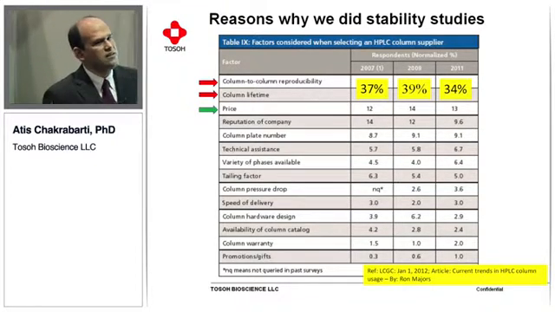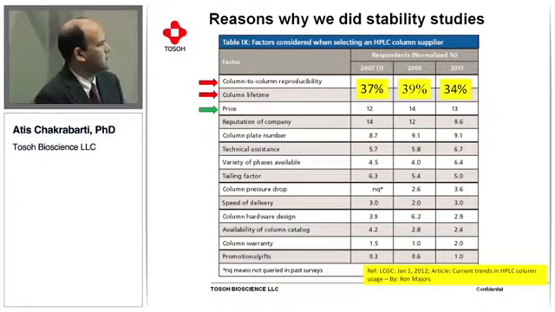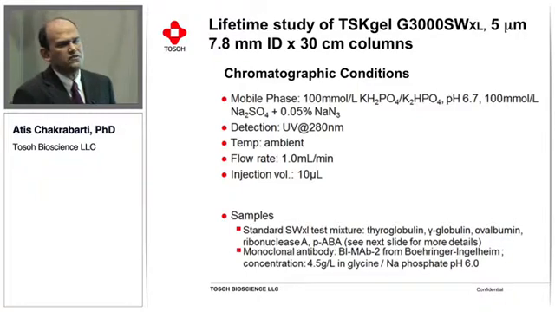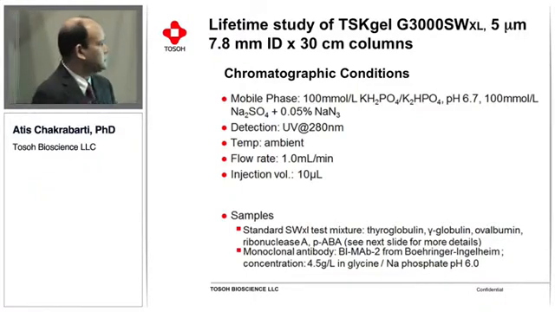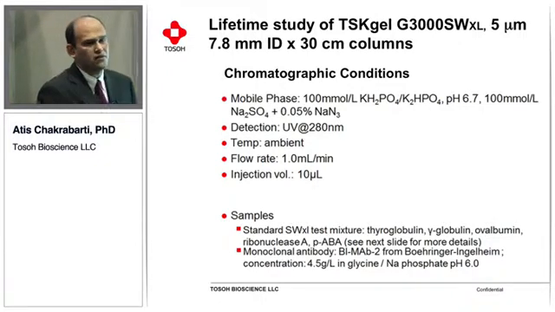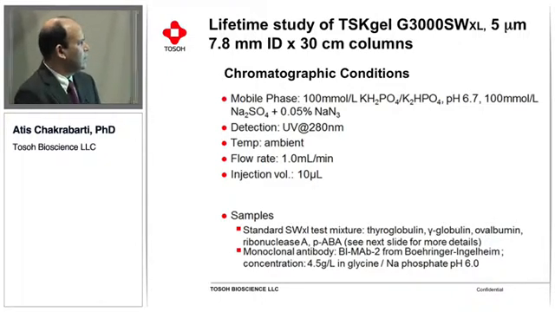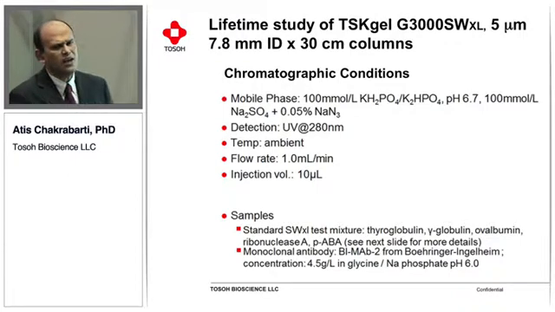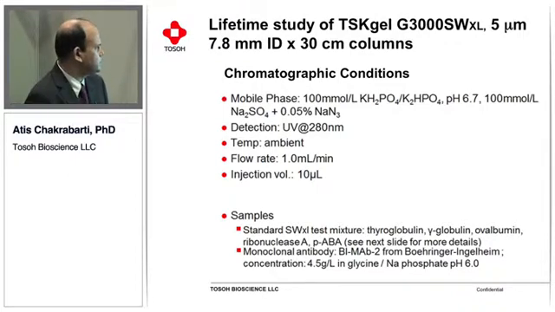So we did a study to see how long the column lifetime is in our case, and we used very simple standard chromatographic conditions first, because those are the conditions we use for our quality control: 100 millimolar phosphate buffer, pH 6.7, containing the neutral salt sodium sulfate and sodium azide, just to avoid any bacterial growth.